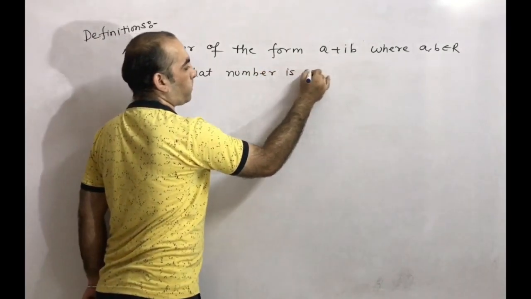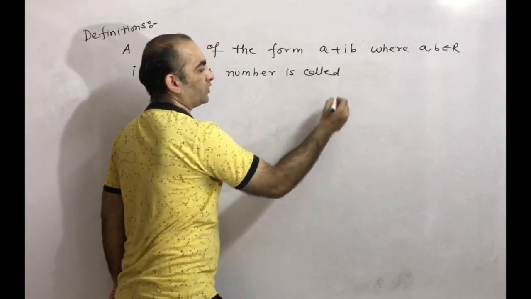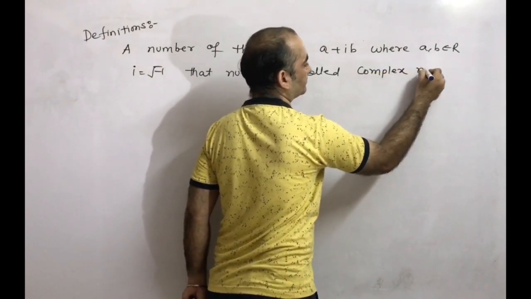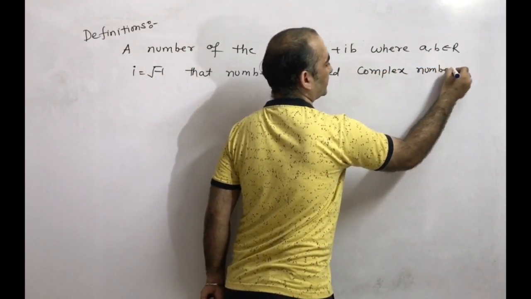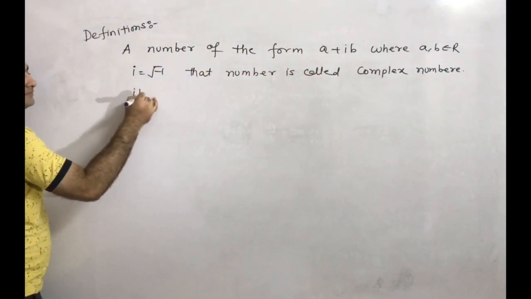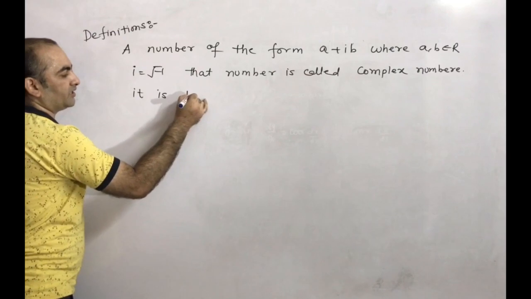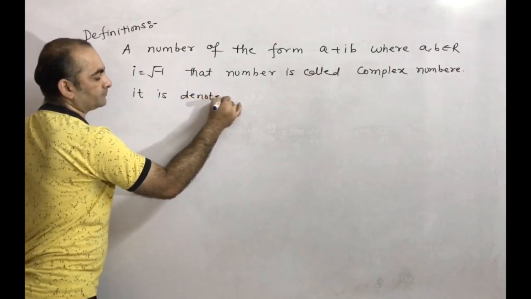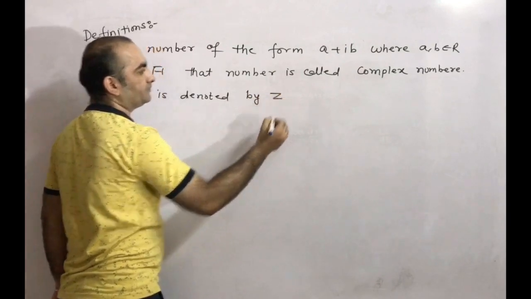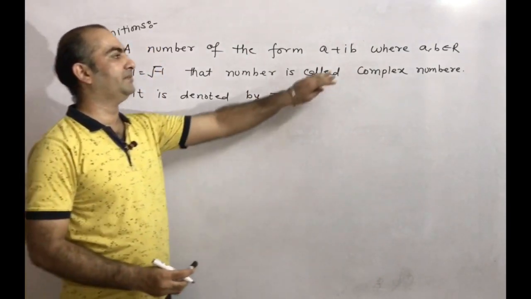That number is called complex number, and it is denoted by z. So this is what complex number a plus iota b.